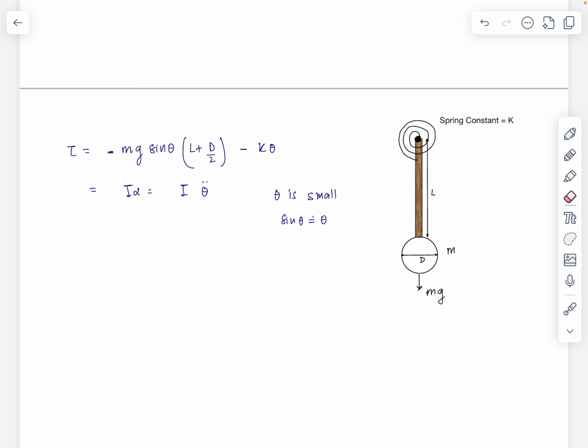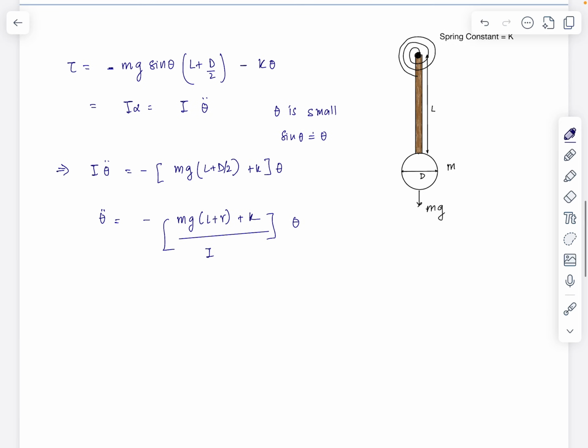Therefore, we can write this equation as I times theta double dot equals minus (mg (L plus d/2) plus k) times theta, or theta double dot equals minus (mg (L plus r) plus k), where r equals d/2, divided by I, times theta.